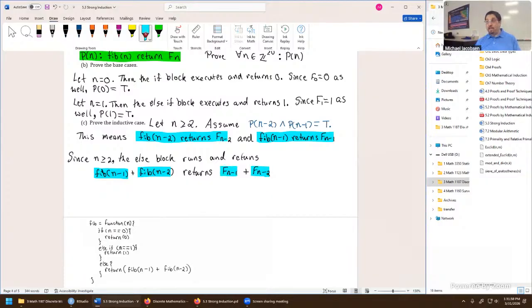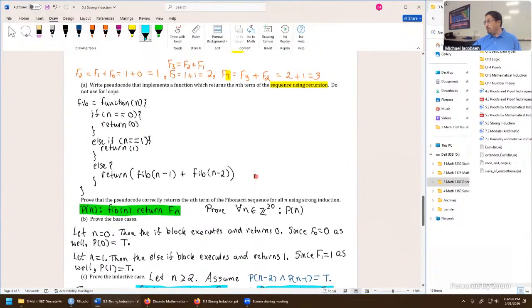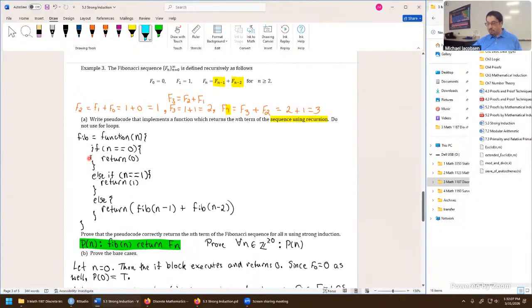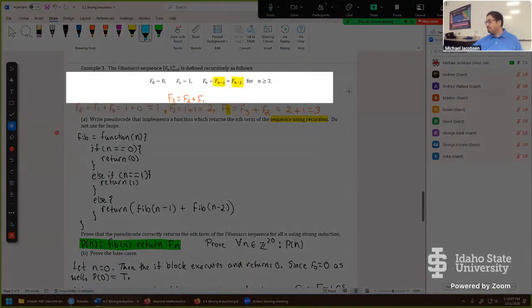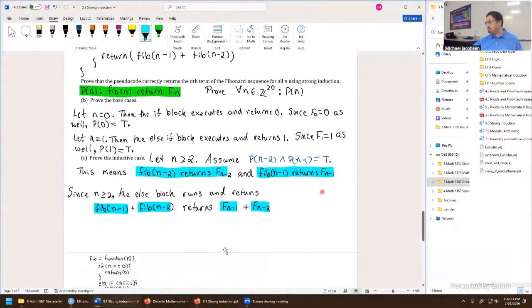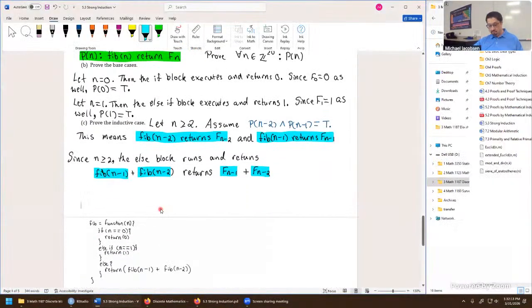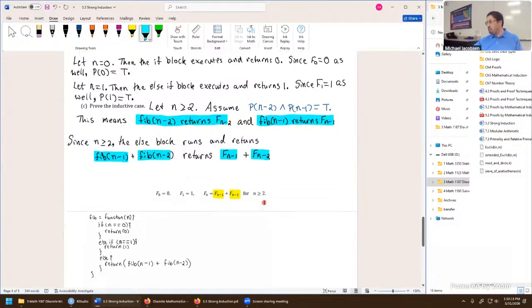Once we have those two down on paper, here's where we need to cite the definition of the Fibonacci sequence. Let's see how far we have to scroll. All the way to the top. Let's just screenshot this down as well. Okay, for this quick citation here, when we see f at n minus 1, that's this term, plus f at n minus 2, that's that second term. And so now this is just a mathematical expression. Equality is pretty standard at this step.